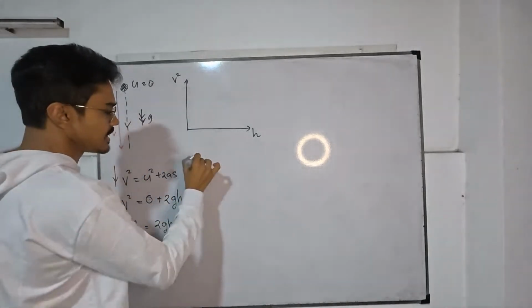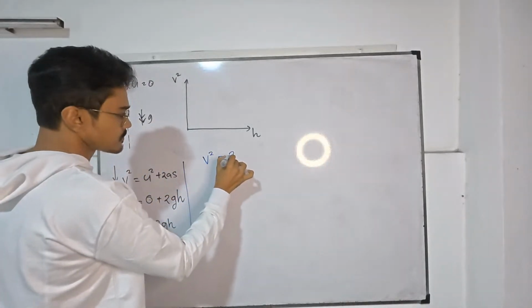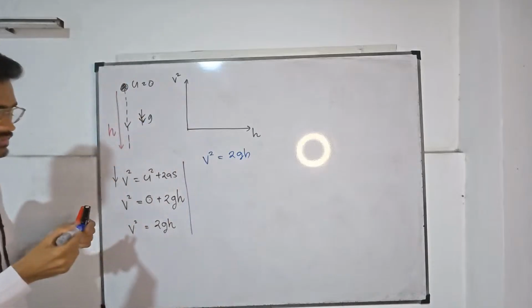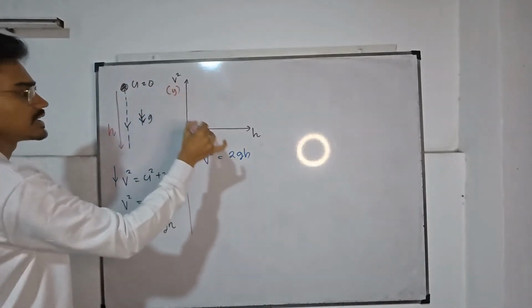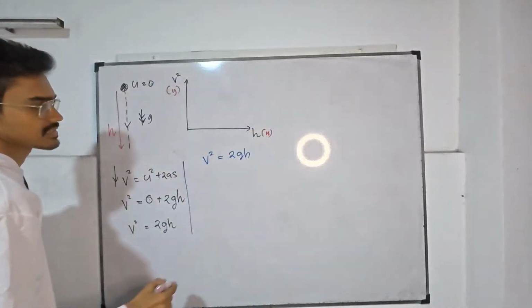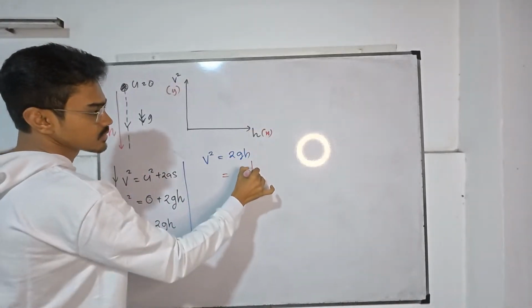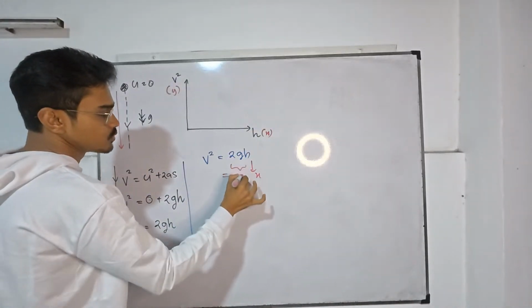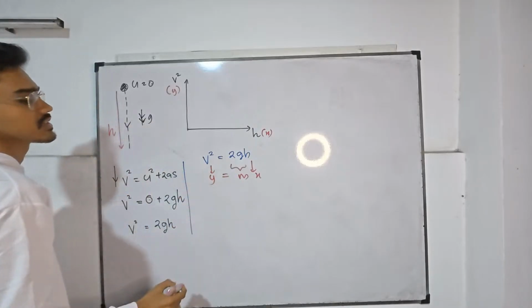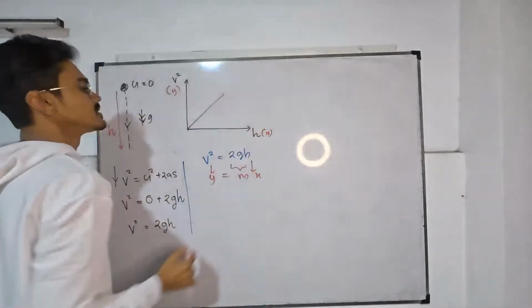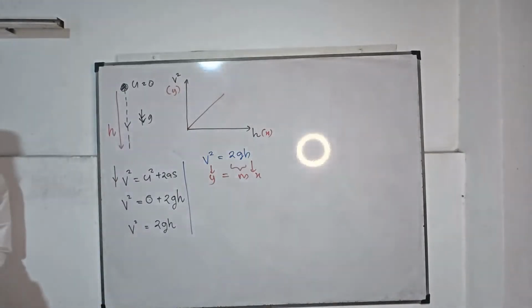Take this equation directly, v squared equals 2gh. Easily I can identify the variables now. V squared is y, h is x, and 2g is going to be the gradient. Y equals mx. So the shape is y equals mx.